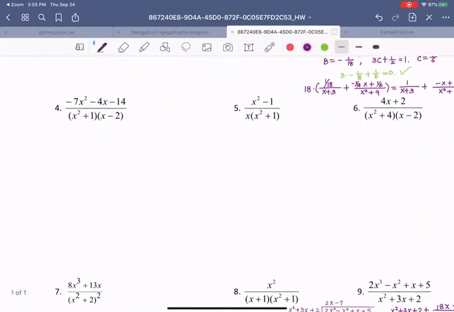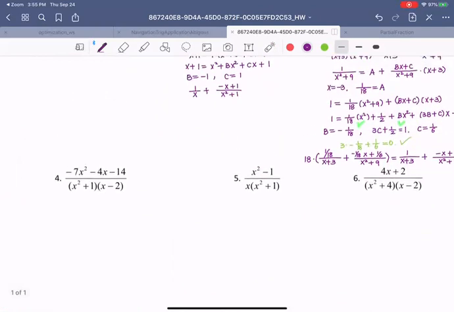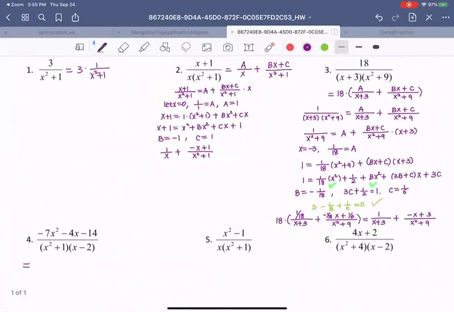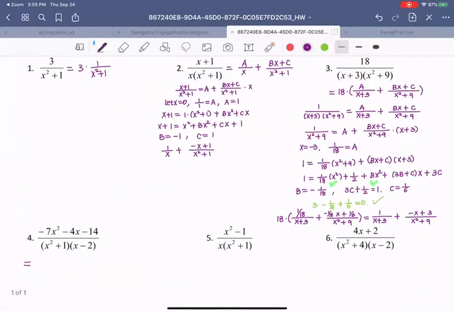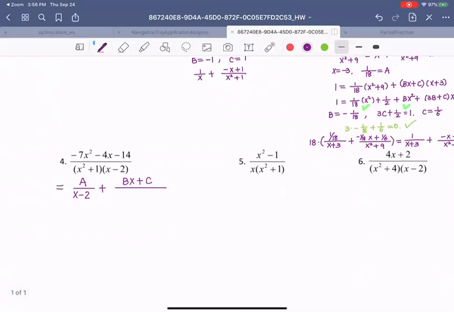Let's take a look at this number 4. This guy, if I do the same way, so x minus 2, if I do a, then plus bx plus c, and then here is x squared plus 1.